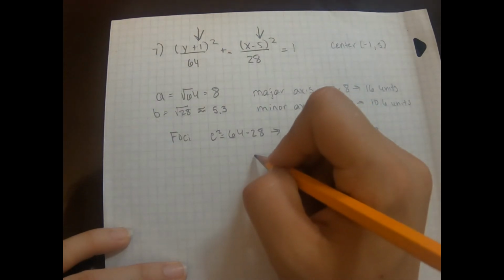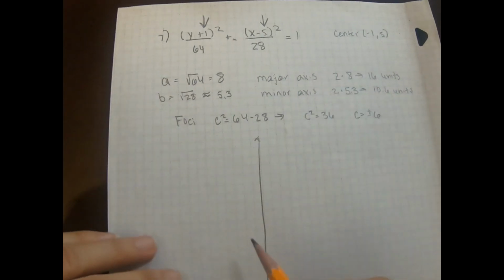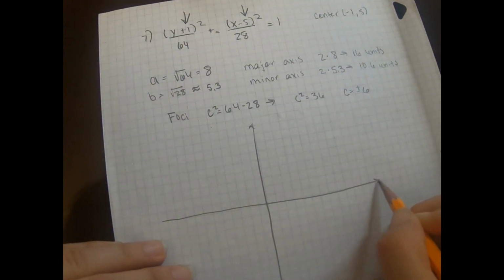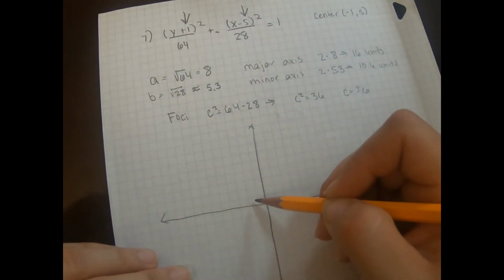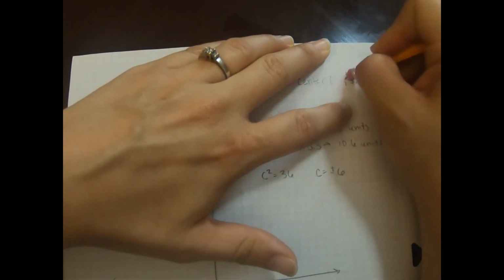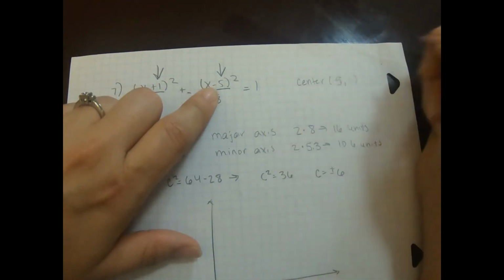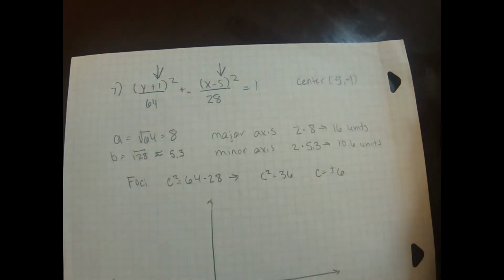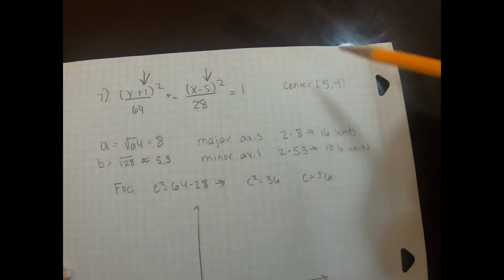I'm going to graph this. Wow, you guys, careful about this. I wrote this center wrong. This is 5 because it goes with the x, and this is -1. So make sure you put the x value in the x spot and the y value in the y spot.